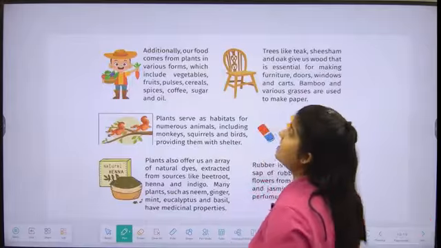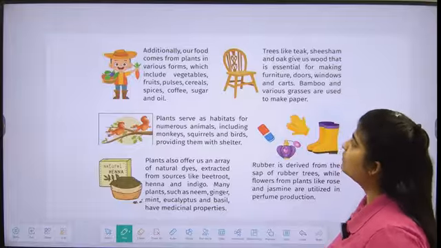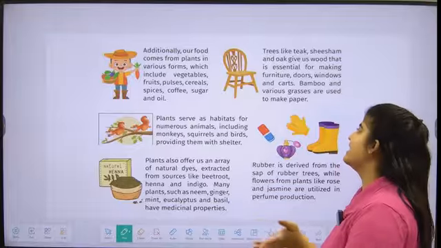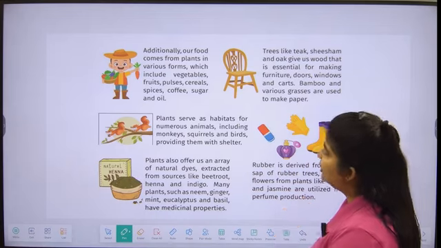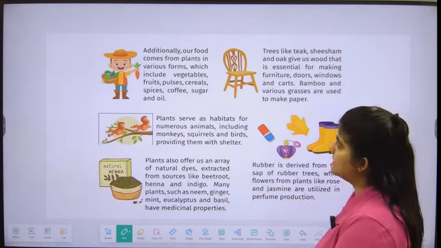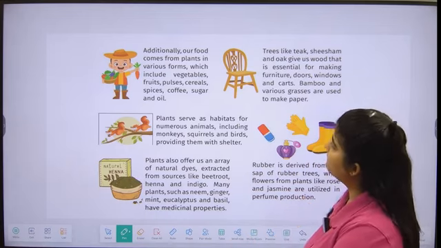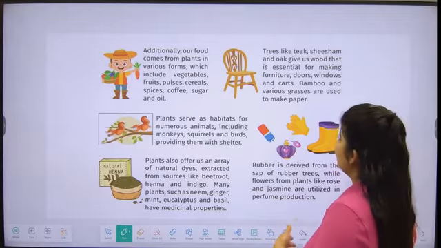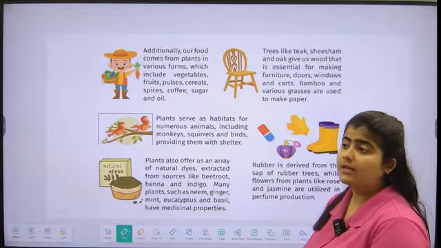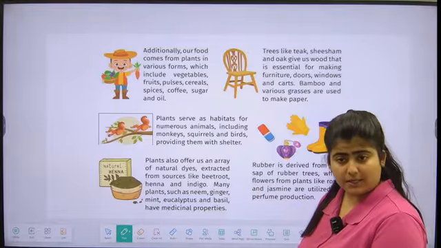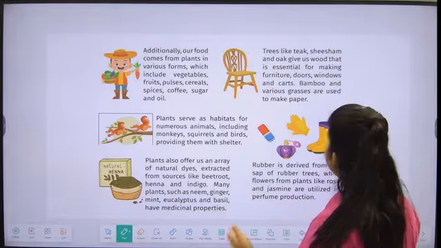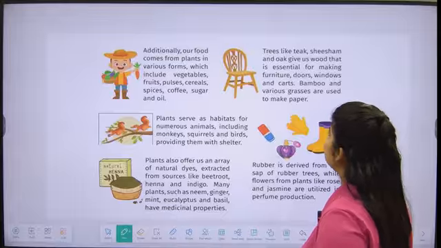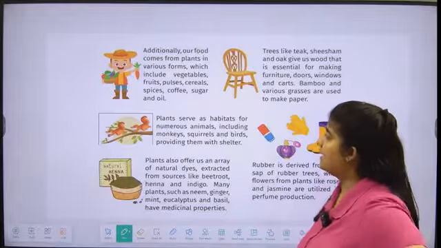Additionally, our food comes from plants in various forms, which include vegetables, fruits, pulses, cereals, spices, coffee, sugar, and oil. Trees like teak, shisham, and oak give us wood, which is used to make what? Furniture, of course. Bamboo and various grasses are used to make paper.